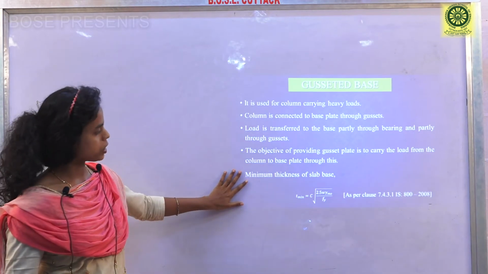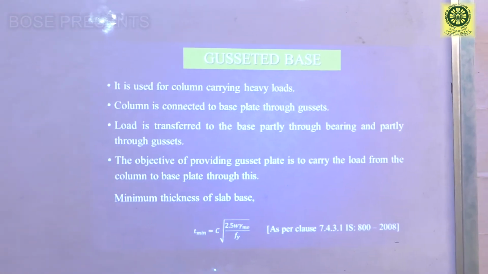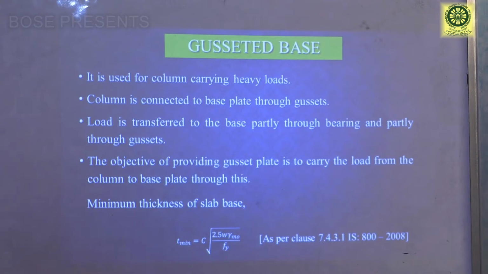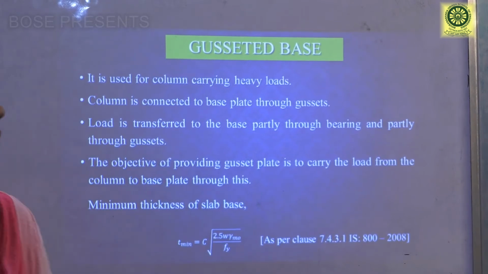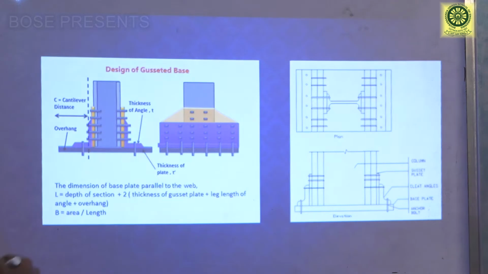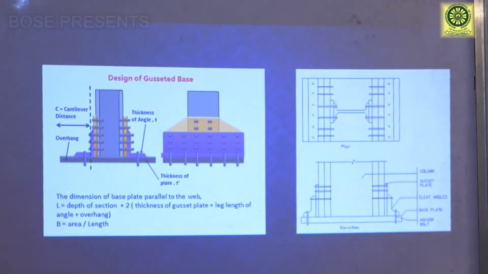And the minimum thickness of slab base as per code IS 800:2007 is given. And this is the cross-section and elevation or plan view of the gusseted base.